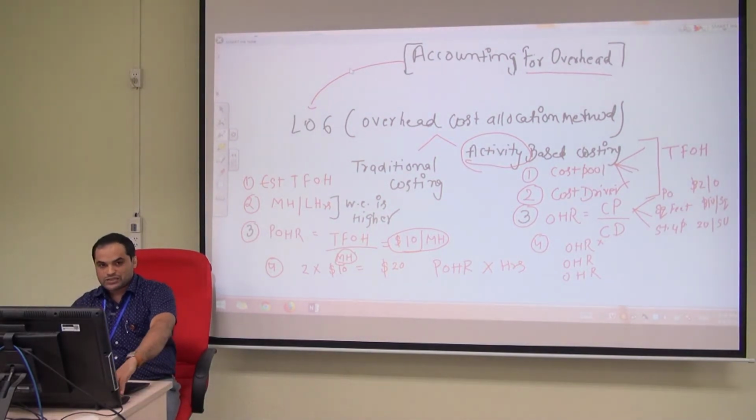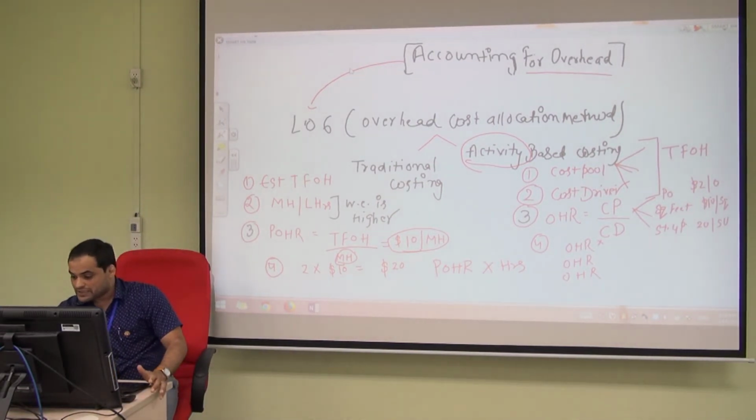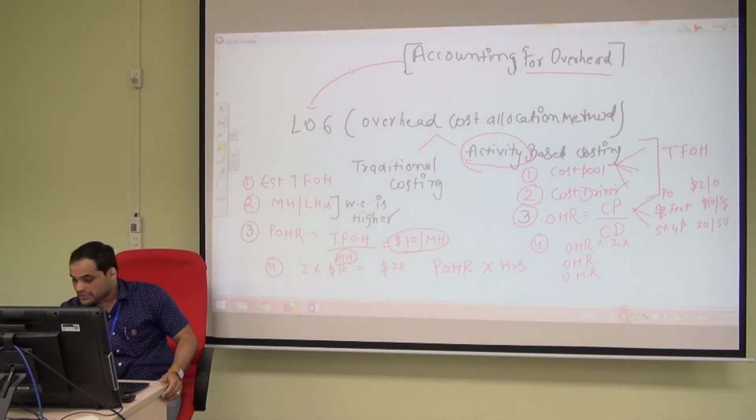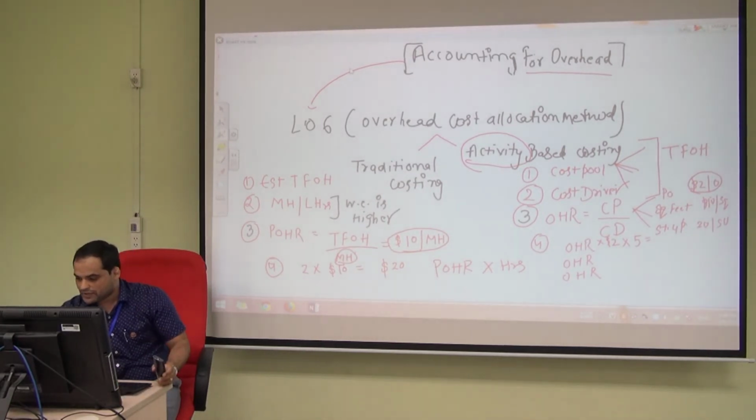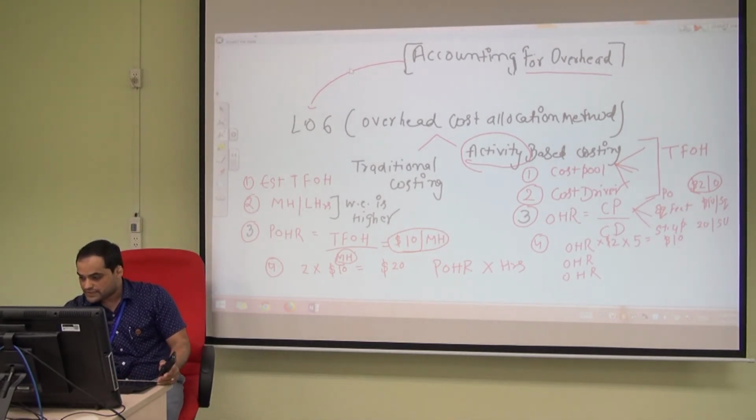So when you produce this product, let's say you order 5 times, so it means $2 multiplied by 5, because $2 is the purchase order rate. So your ordering cost for this product is $10. The second one is square feet. Let's say you are using 50 square feet.